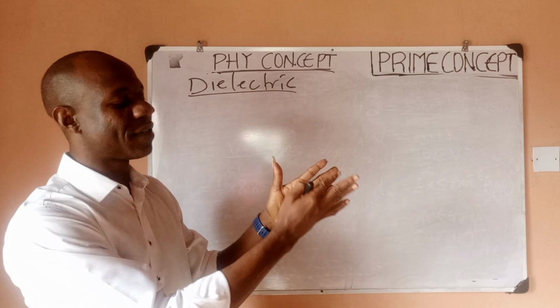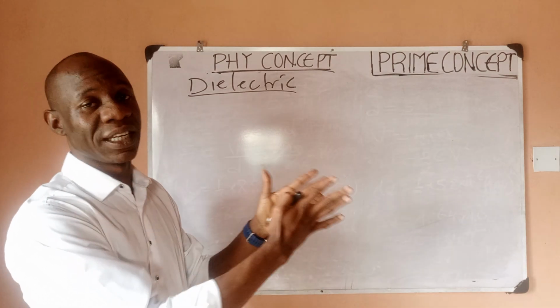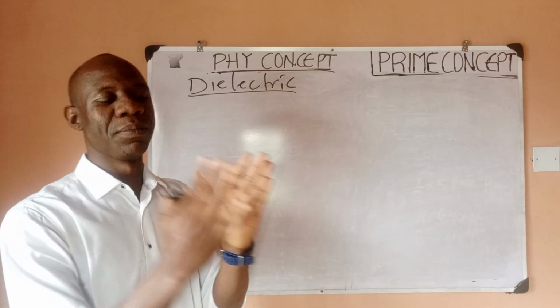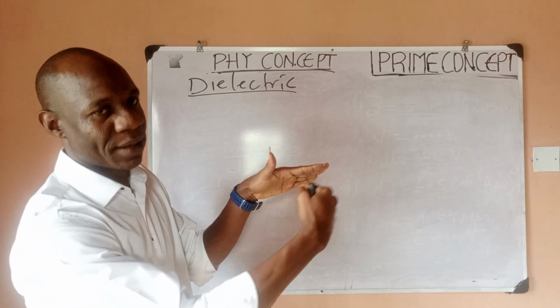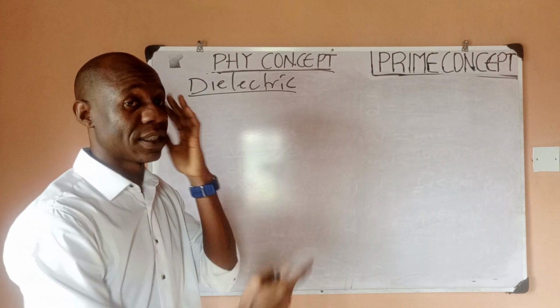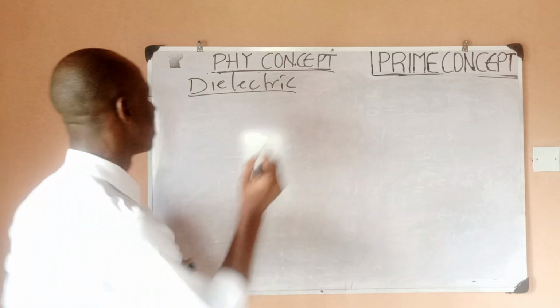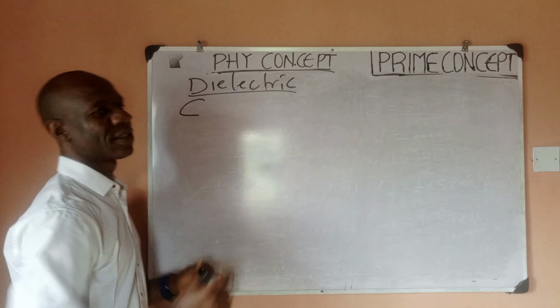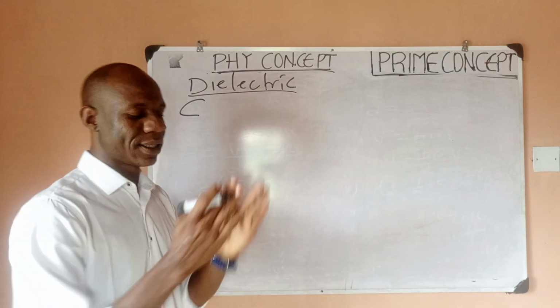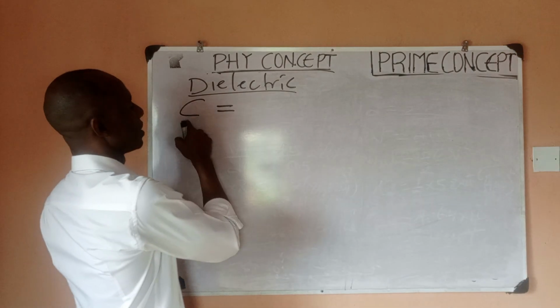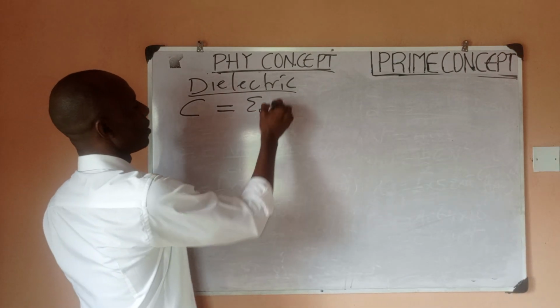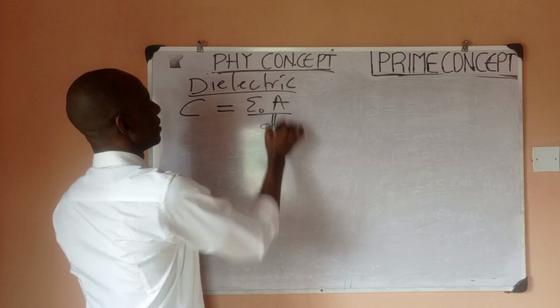We mentioned that if there is nothing separating the plates, then it simply means that the plates are separated by air, by vacuum. Under that scenario, the capacitance of a capacitor when the plates are separated by air is given by C equals epsilon naught A divided by D.